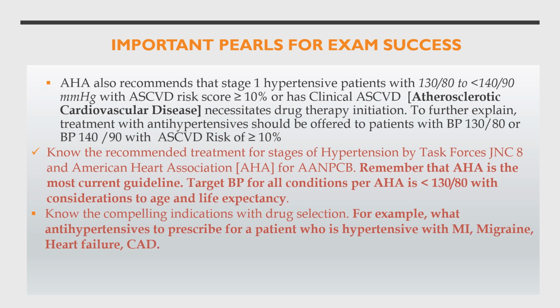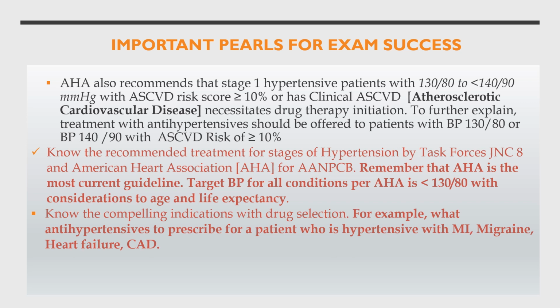Under pearls, it is important to know that AHA also recommends that stage 1 hypertensive patients with BP of 130/80 to 140/90 with ASCVD risk of greater than 10%, meaning that they have atherosclerotic cardiovascular disease, necessitates drug therapy initiation.